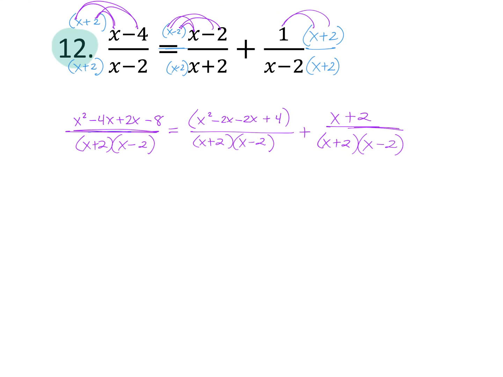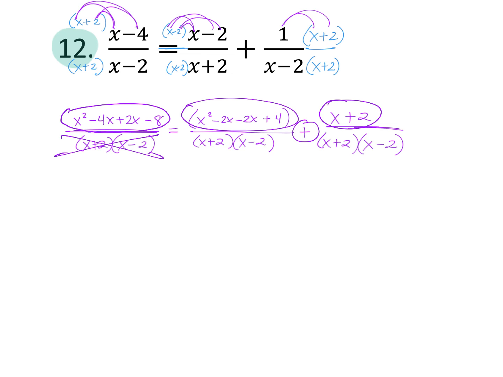Okay, now here's the deal. It's saying this over x plus 2 times x minus 2 equals this plus this. Well, your numerators have to be equal once all is said and done, right? So you can actually totally ditch these right now because we're essentially just trying to set our numerators equal to each other because our denominators are the same, right?